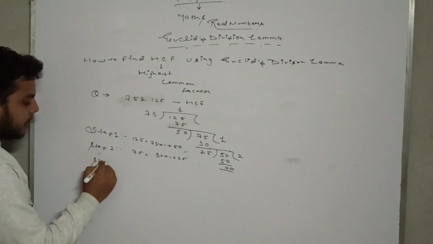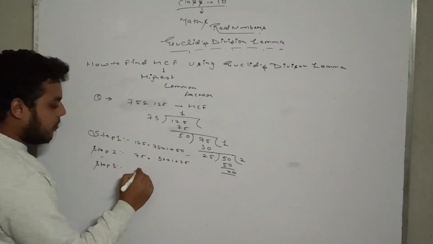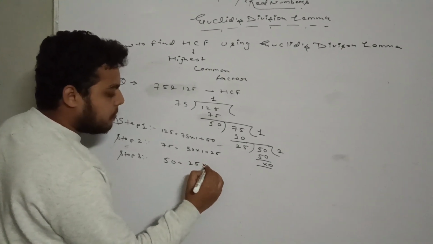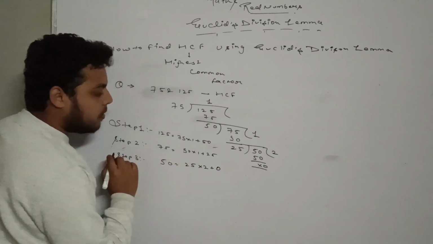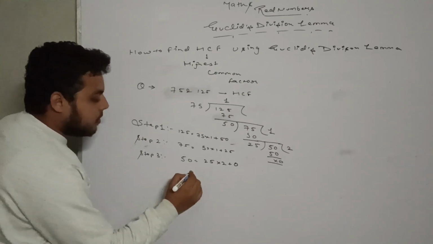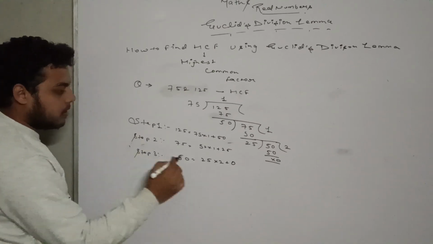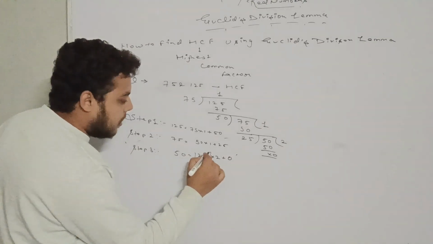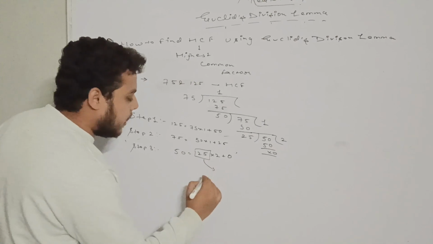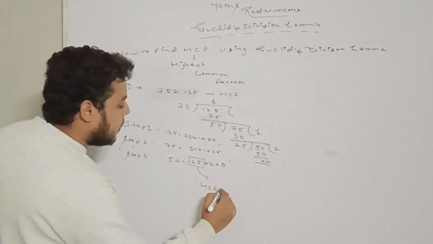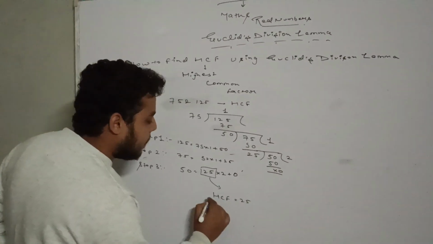And for step 3, I can write 50 as 25 times 2 plus 0. Well, now all we have to do is see step 3, the last step, and the divisor of the last step is our HCF. So the HCF of these two numbers is 25.